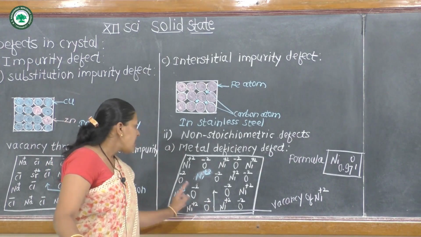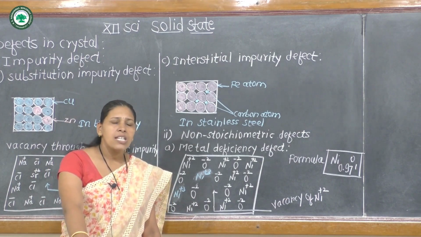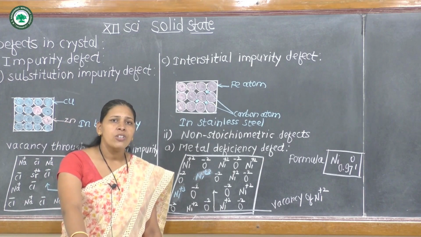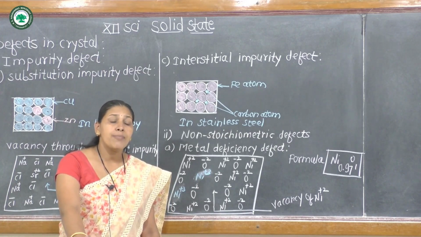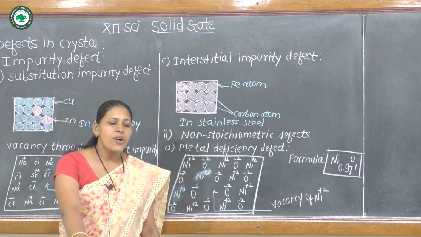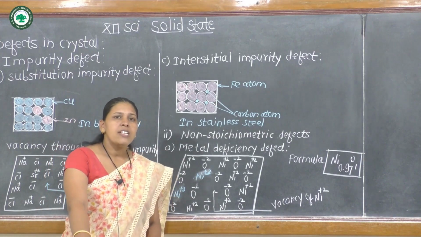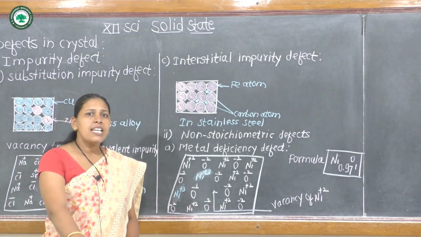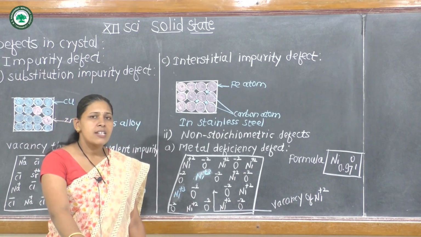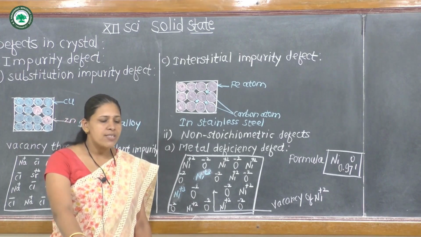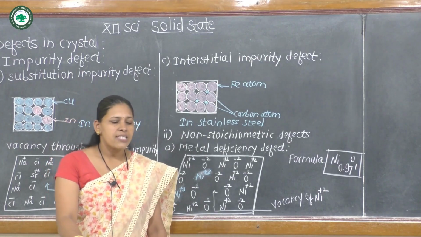This metal deficiency defect occurs only in a compound in which the cation shows variable oxidation state. This is the important condition for metal deficiency defect. Nickel shows variable oxidation state, that is nickel +2 and nickel +3. In such a compound, metal deficiency defect arises.